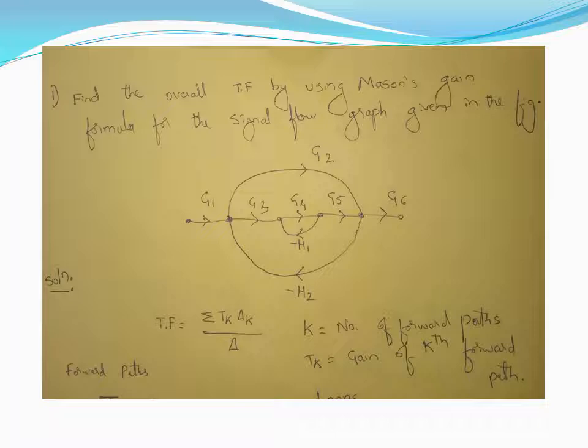We know Mason's gain formula: the overall transfer function is given by summation Tk delta k divided by delta, where k is the number of forward paths and Tk is the gain of the kth forward path. We know that we have two forward paths, so with k equal to 2, it becomes T1 delta 1 plus T2 delta 2 divided by delta.